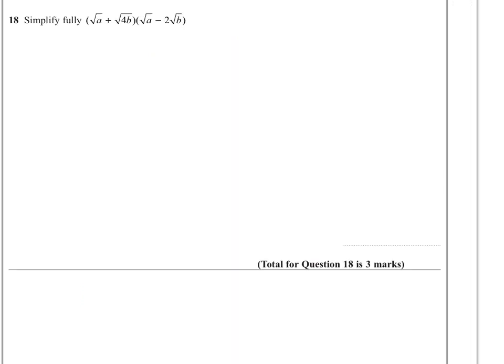Question 18. Here we have two brackets that we've got to expand and simplify fully, and I'm going to do this using a grid. And I'm going to put my root A and then root 4b here, and then my root A minus 2 root b here.